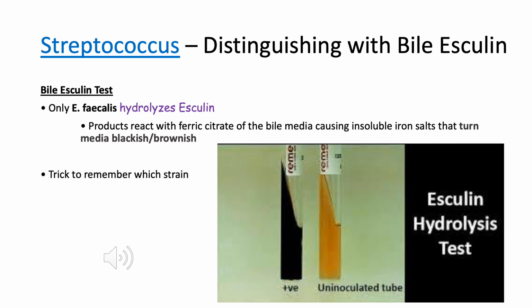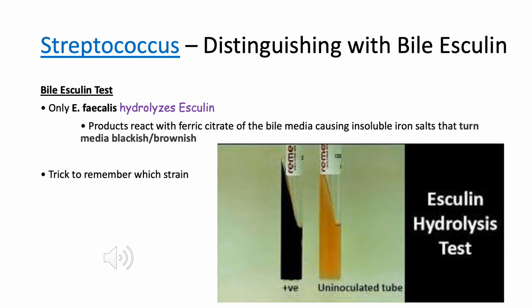So as you can see in the picture here, you can see the uninoculated tube, which shows you the color that it looks like starting out, and then the positive tube there is inoculated with E. faecalis, which turns it to the dark brown color.